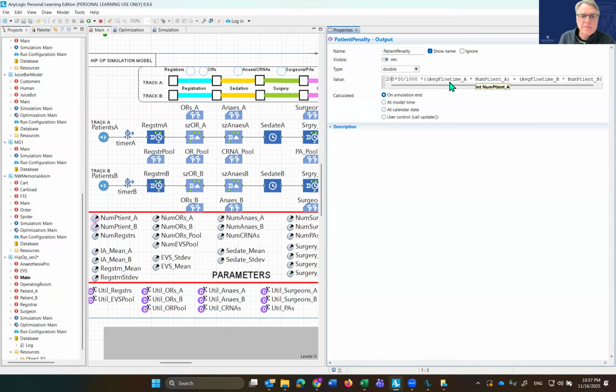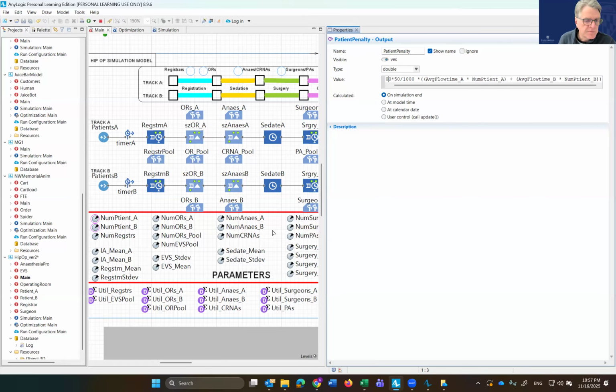You may not finish all of them. So it's the average flow time by the number of patients because if they've been scheduled, either they make it through the process, they get a flow time, or they get held up and bumped to the next day. Either way, you're going to pay for every patient you schedule, the average flow time, multiply that by 50, and then by the 200 days.